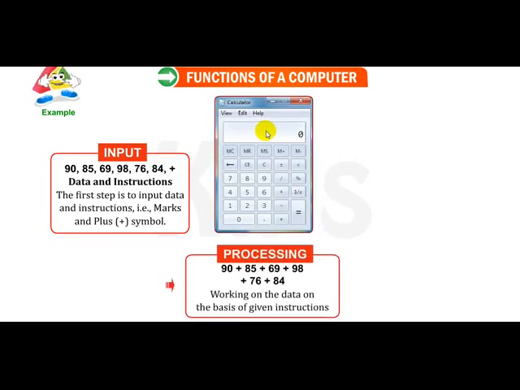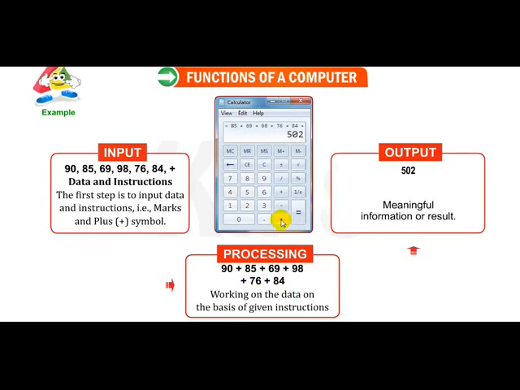Now, computer is working on the data on the basis of given instructions. 90 plus 85 plus 69 plus 98 plus 76 plus 84. In the end, computer gives meaningful information and result which will be 502.